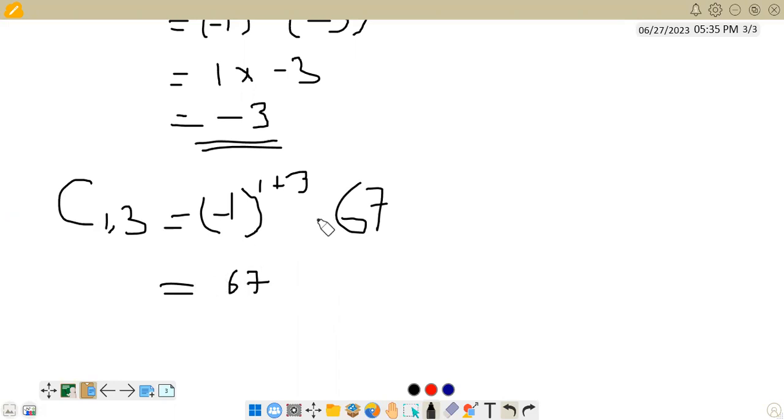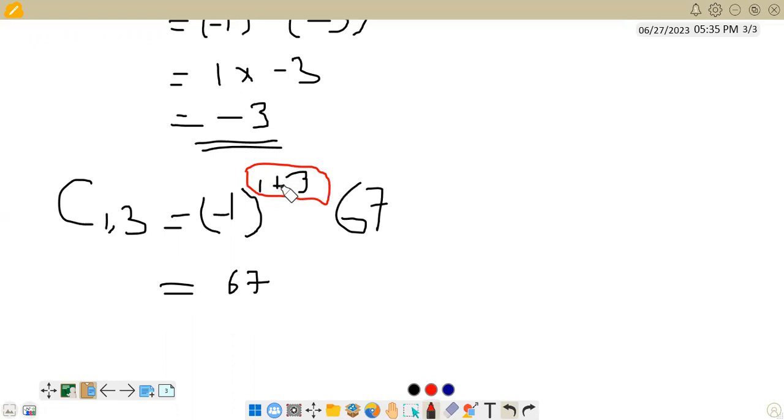Now the other thing that we need to know is apa pakakhala kuti pamwamba apa power yathu ikakhala kuti ndiya even, it's an even number, the power is an even number, ndekuti answer yathu cofactor izakhala yofanana ndi minor yomwe tinayipeza ichi.